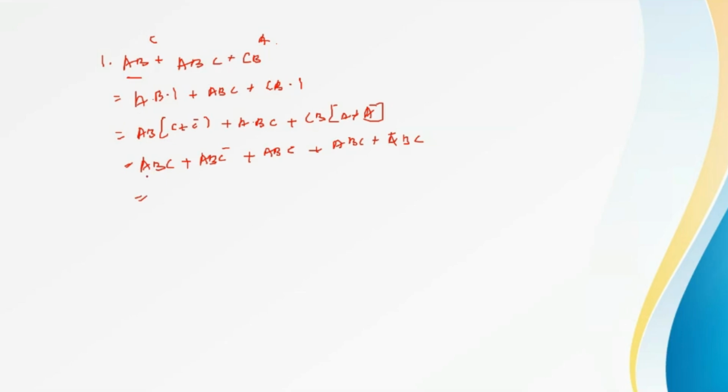Here you can see ABC is there, here also ABC is there, here also ABC is there. Right, it is the same. So we can write it as only one ABC plus ABC bar plus A bar BC. So this is our standard SOP.